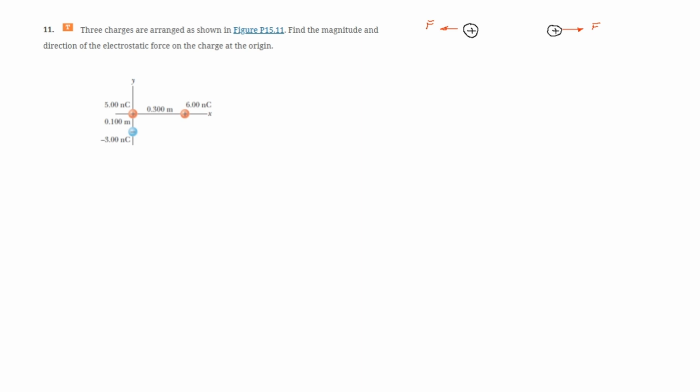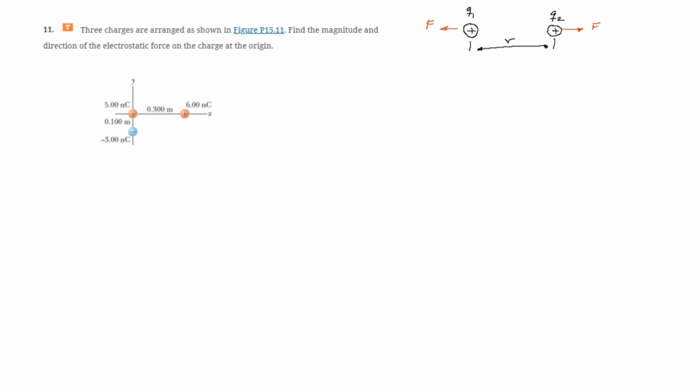Of course, these two charges have some magnitude. So let's say that this one is the charge Q1, and this is the charge Q2, and that these two charges are at a distance R or D, one from the other.